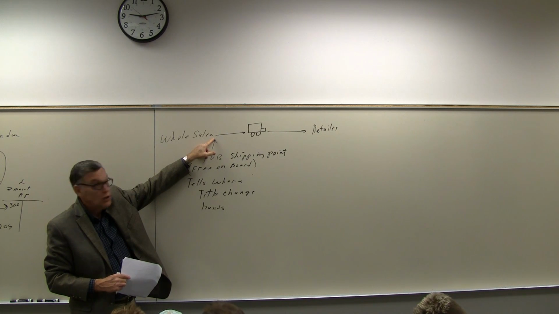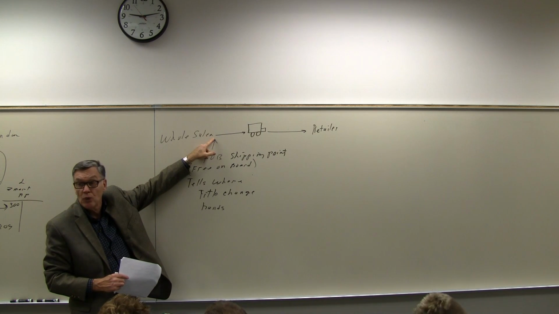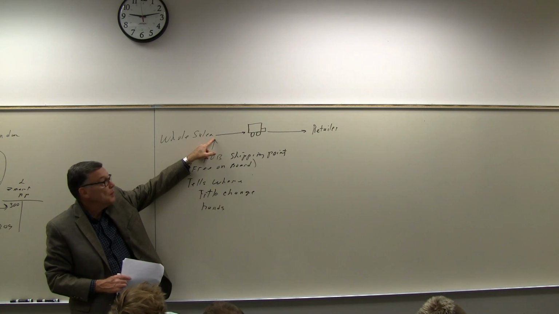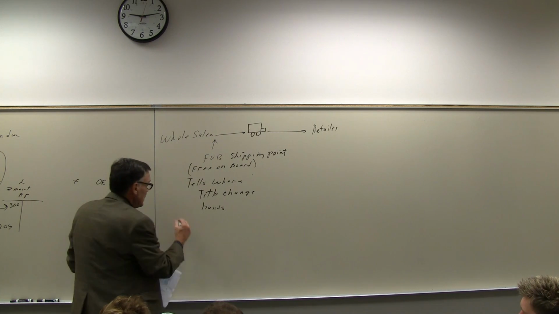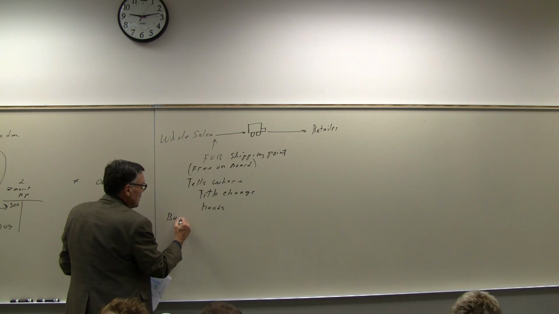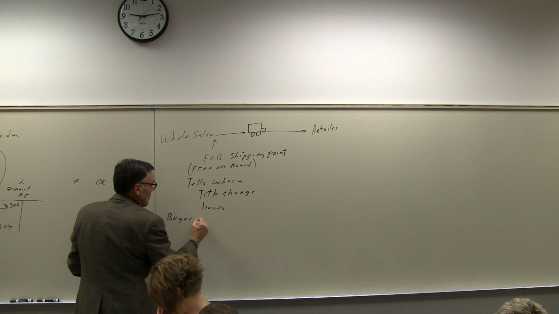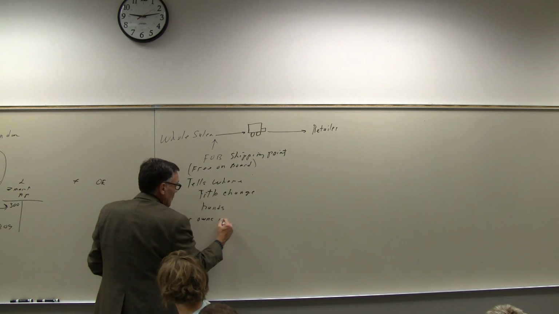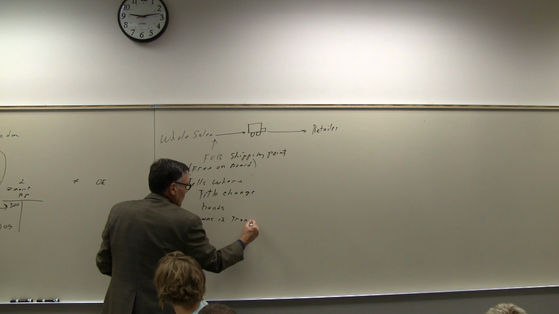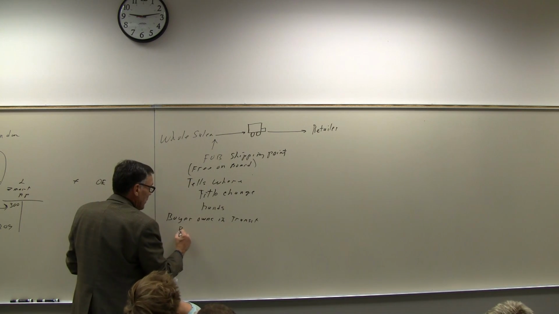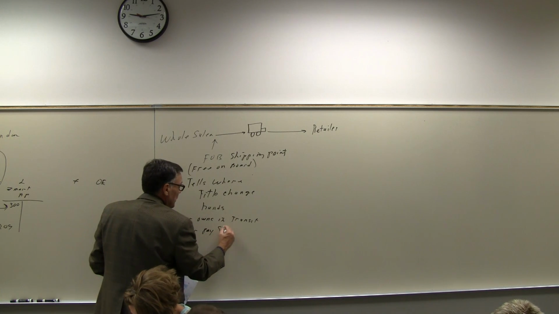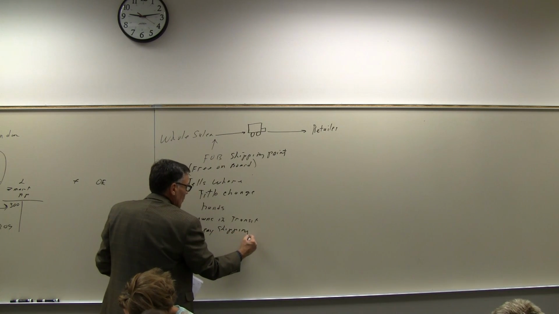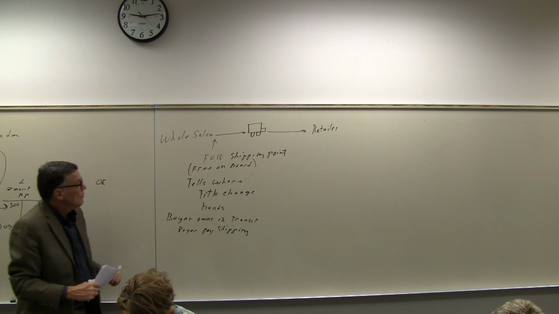So if the ownership changes hands here, who owns it in transit? The retailer, the buyer. Who's responsible for the shipping charges? The buyer. So what this says is the buyer owns in transit, and the buyer pays shipping.